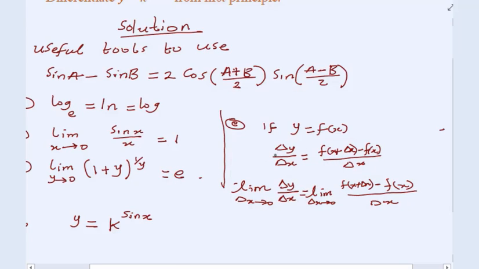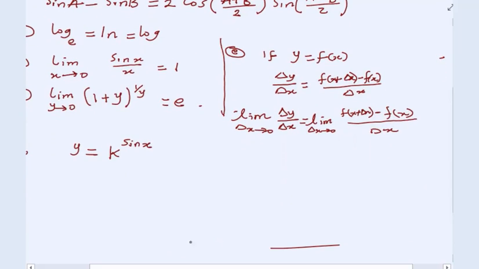Similarly, if x is a function of y, you get delta x over delta y, then you write f of y plus delta y minus f of y over delta y. At the end of the day, I will take the limit as delta y goes to 0 of both sides. So that is what we are going to be having.